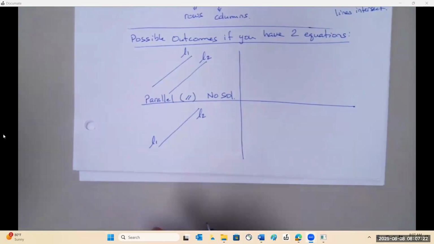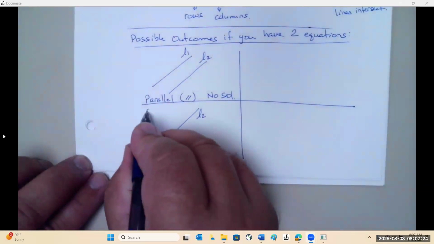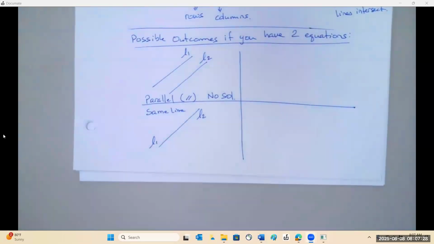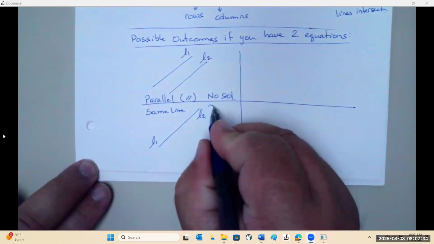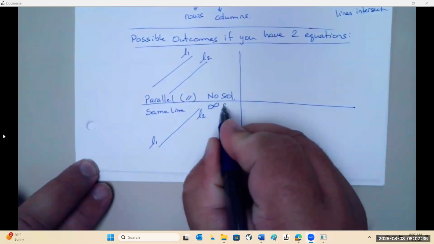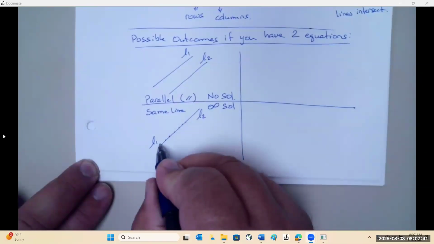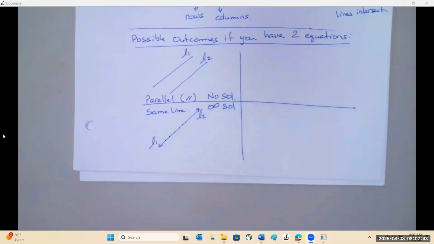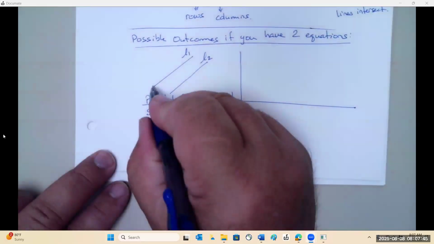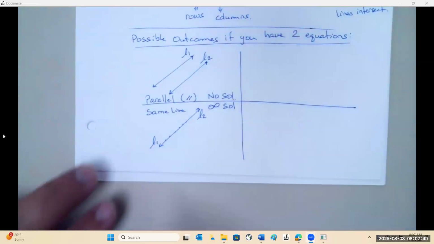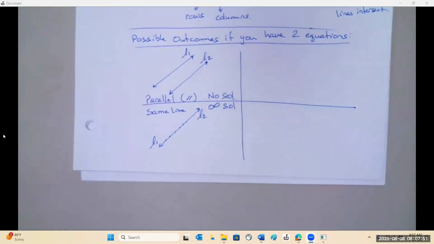It's just if they're the same line. They're the same line. How many solutions do we have here? Infinite number of solutions. Infinite solutions. Because every point is a solution forever and ever. These are lines, so they go on forever. They have arrows at both ends.